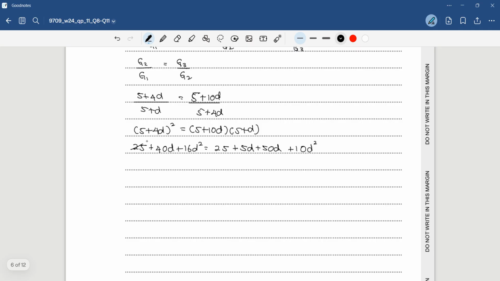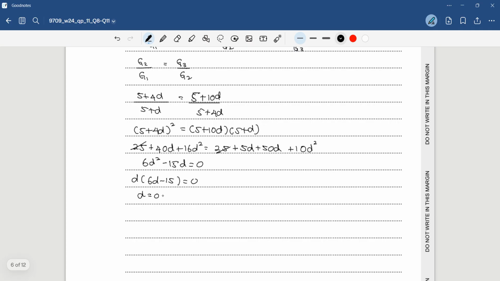Okay, so rearrange. So 6d squared minus 15d is equivalent to 0. So d(6d minus 15) is equal to 0.